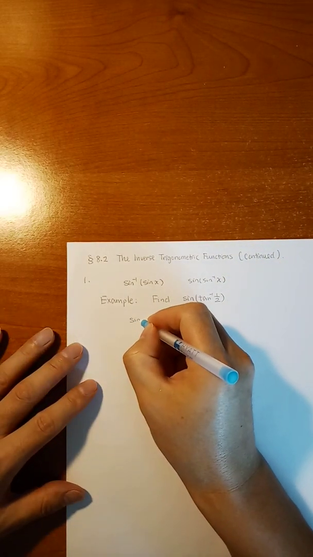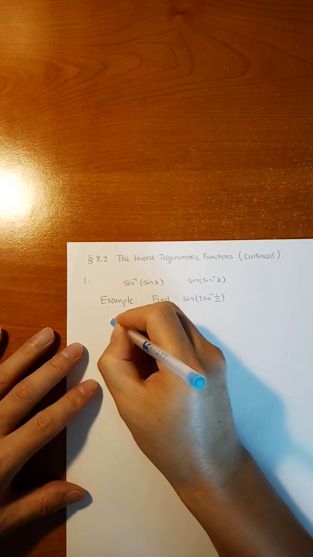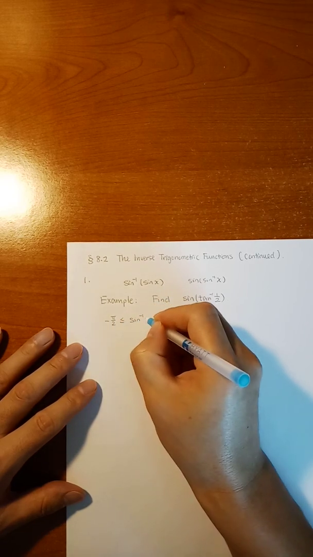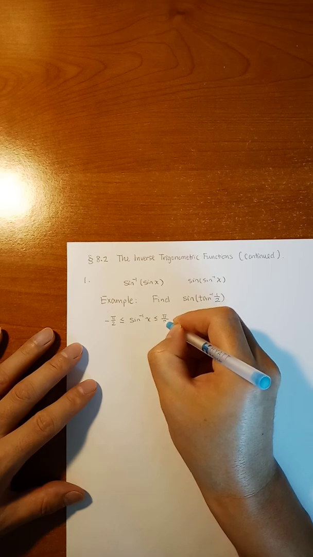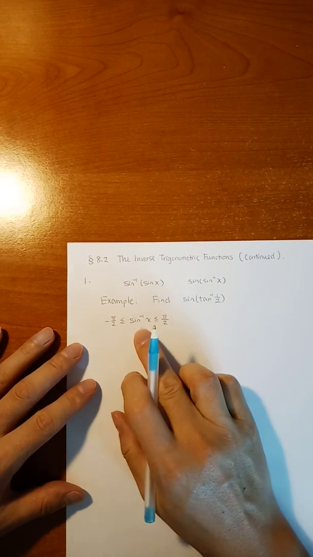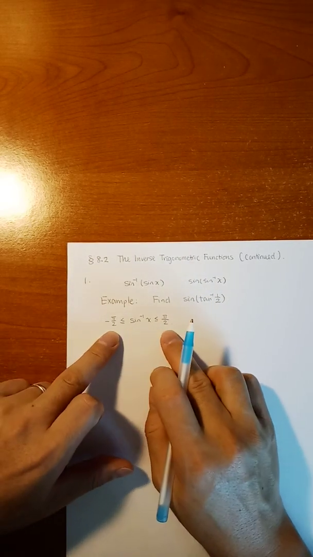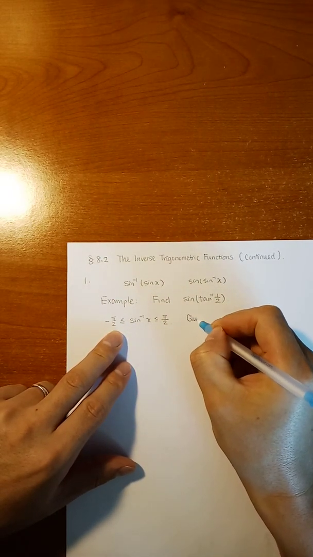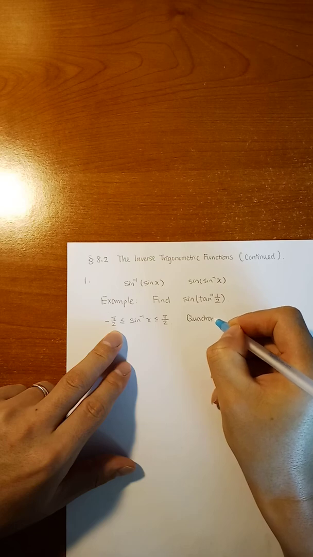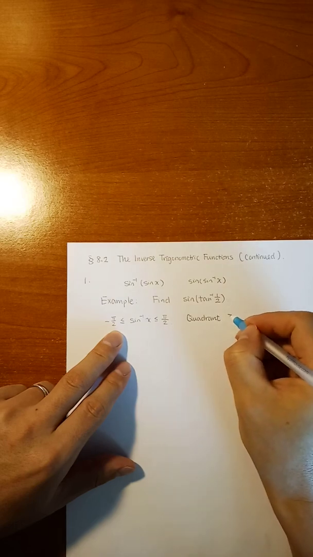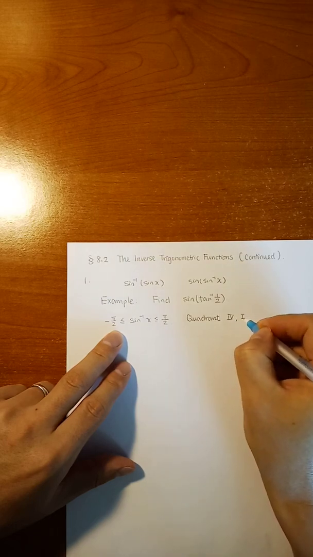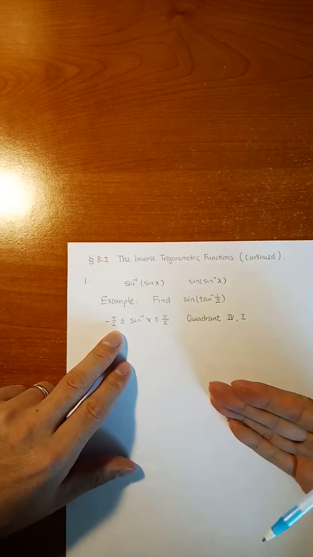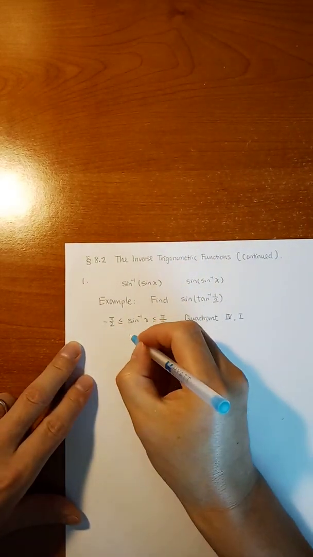Sine inverse is between negative pi over 2 and positive pi over 2. The output value is between negative pi over 2 and pi over 2, so it is either in the fourth quadrant or in the first quadrant.